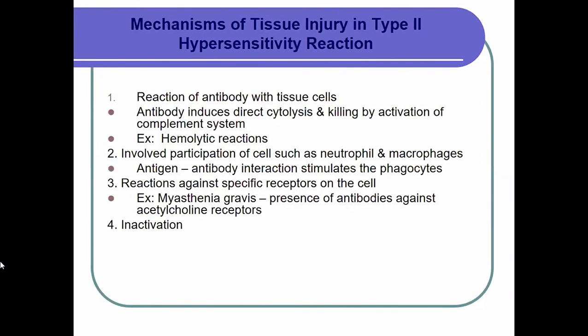Okay, so what are the mechanisms of tissue injury in type 2 hypersensitivity reaction? The first one is reaction of antibody with tissue cells. The antibody induces direct cytolysis and killing by activation of the complement system.